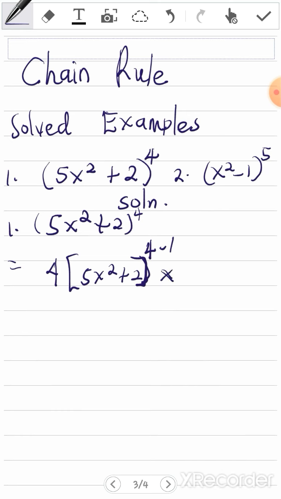Later, you multiply this whole thing by the derivative of the expression in the bracket. When you differentiate 5x squared plus 2, you're going to get 10x. So that's what we're going to get: 40x times 5x squared plus 2 to the power 3.